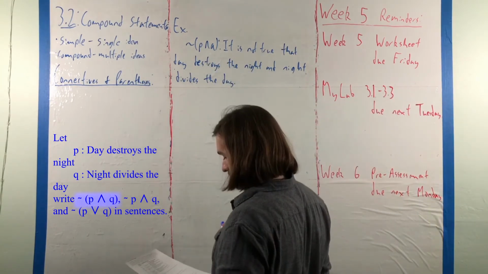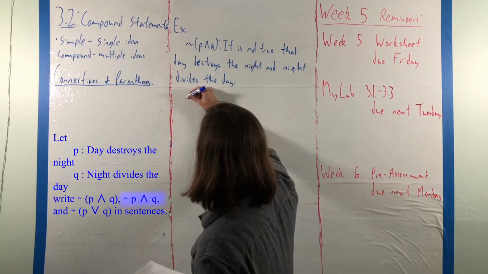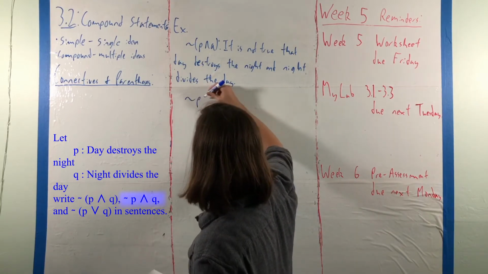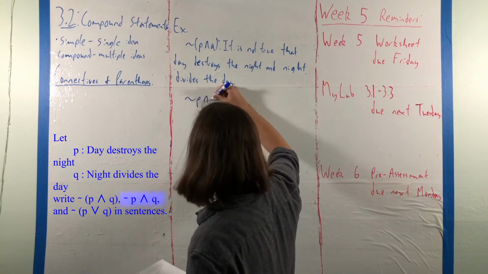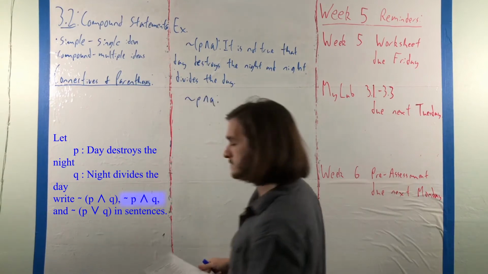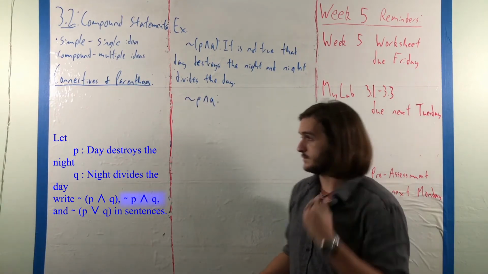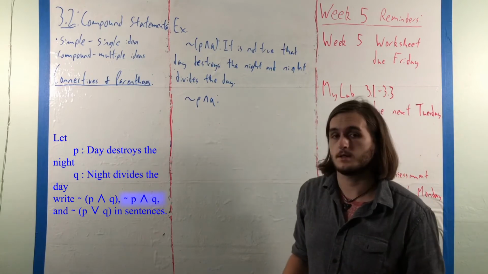Q is night divides the day. For our second statement, we have not P and Q. So, not P would be something to the effect of day doesn't destroy the night.